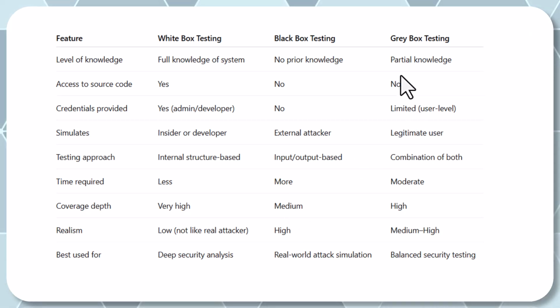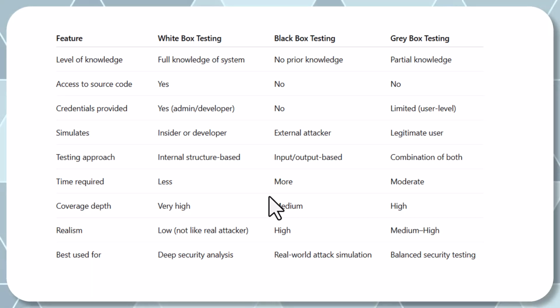Now gray box testing is between white box and black box testing. You have partial knowledge, credentials provided are limited, and it simulates a legitimate user. So it is a combination of both, in between. So: white box testing, black box testing and gray box testing.